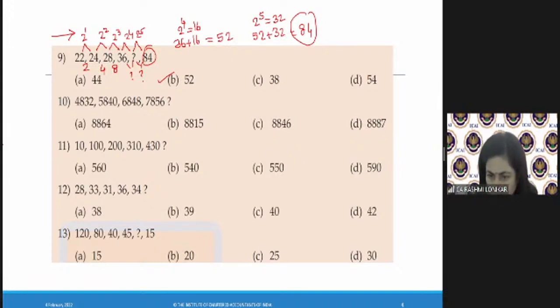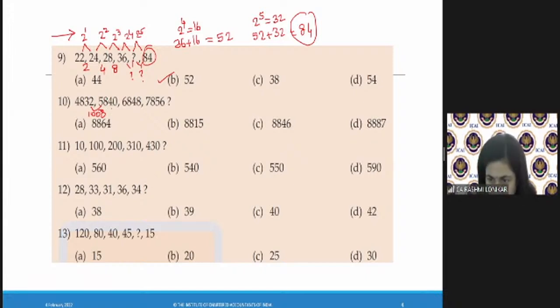Now let us see this one. Now, what is this difference? This is a big number, 5840. 5840 minus 4832. Difference is 1008. Then 6848 minus 5840.